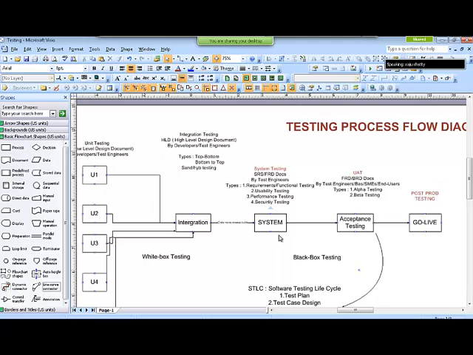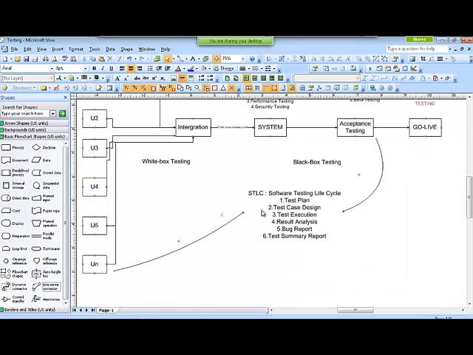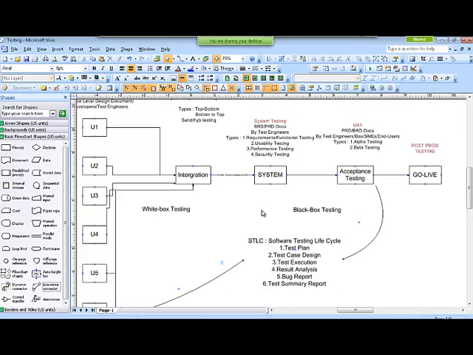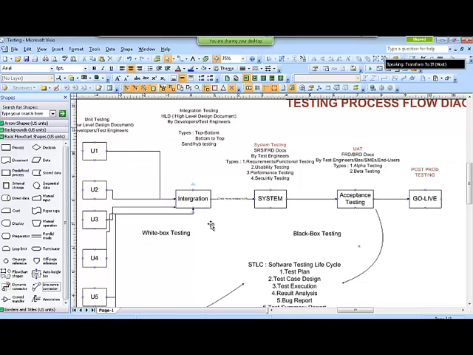Pawan, this diagram would be available for us to view later. Yes, I'll send this. Any doubts before closing the session? Today I'll go ahead and close the session.